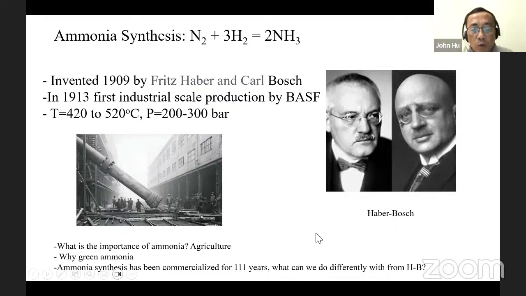So why is the world so interested in ammonia? I'm not sure if any students in the audience come from farms, or your parents or grandparents are farmers. My grandparents are farmers. I basically worked on the farm. What's the fertilizer composition?